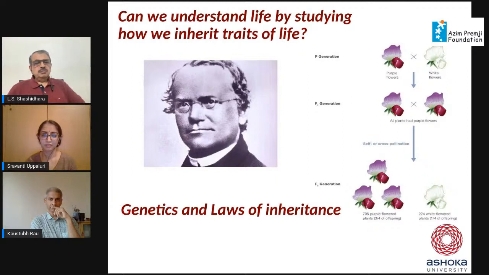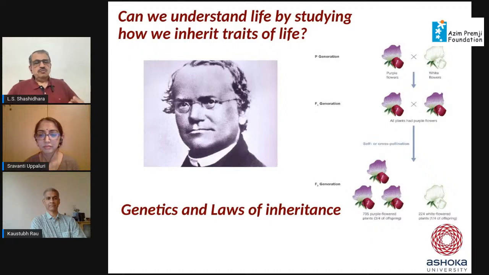But is that all? Genetics is about inheritance of traits. But because he used morphologically distinct features, like in this case the color of the flower, or height of the plant, or the shape of the seed, or the color of the seed, what he was trying to understand is not simply some morphological features which are apparent from outside.